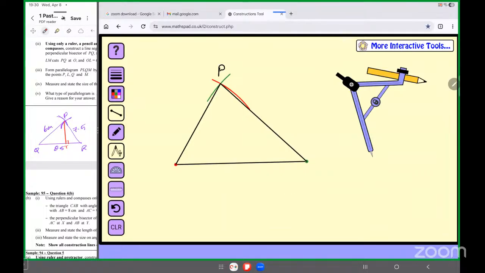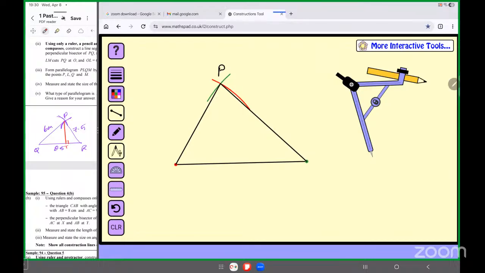Then we need to construct the perpendicular now, this piece in the middle, the perpendicular from P to that line. That's constructing a perpendicular from a point to a line. We did that earlier. Remember, you simulate the formation of an isosceles triangle.